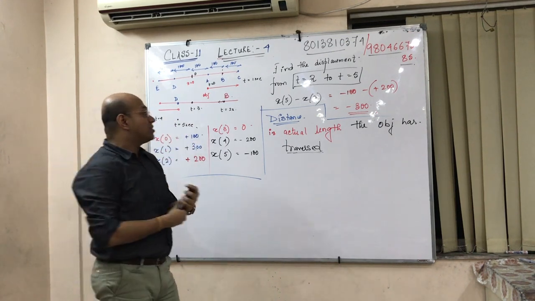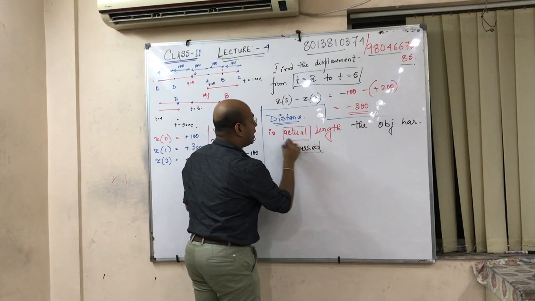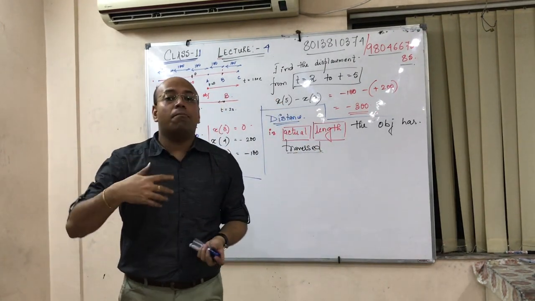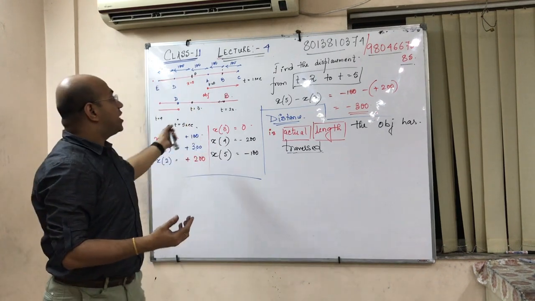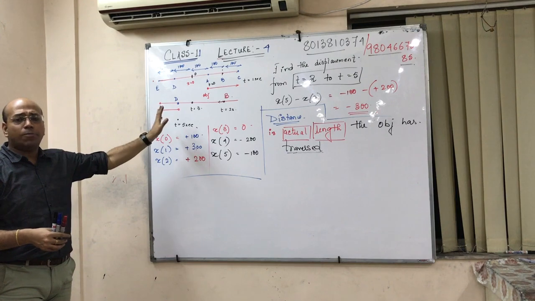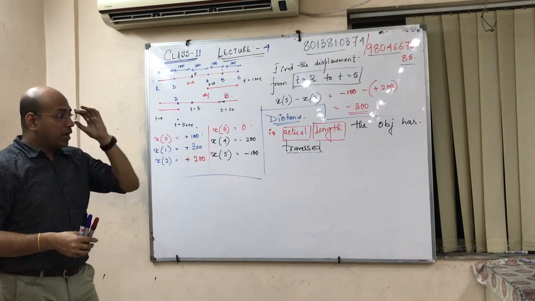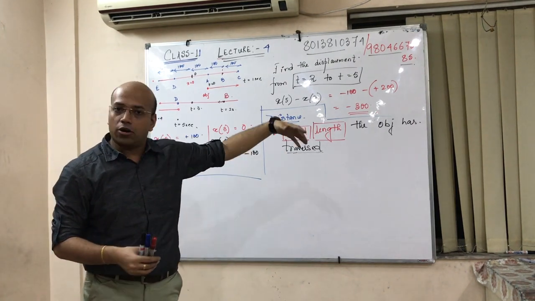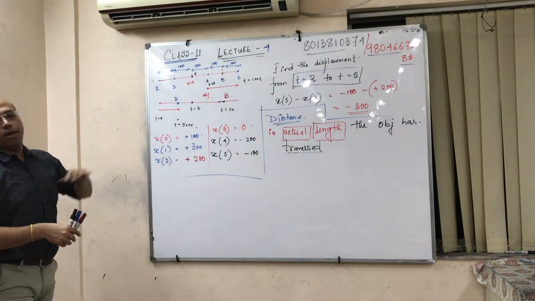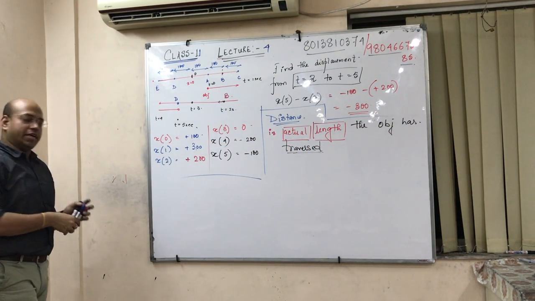So distance is the actual length. Distance can't be negative, but displacement is a man-made concept, so displacement can be negative. So I think we have got the concept of what is displacement. Distance we will find later on. Next we are coming to the concept of velocity.